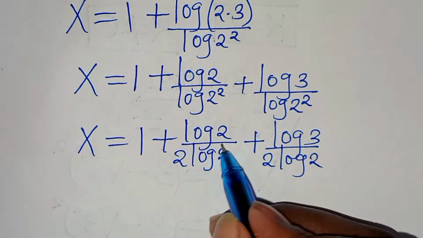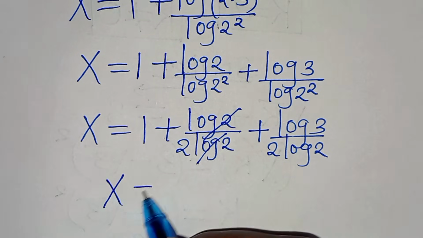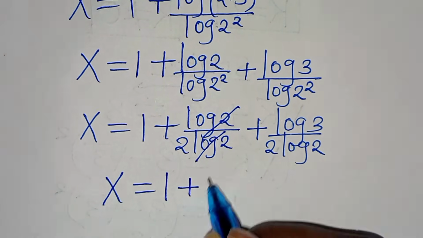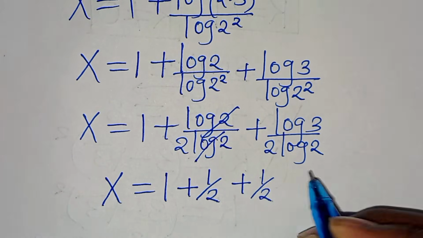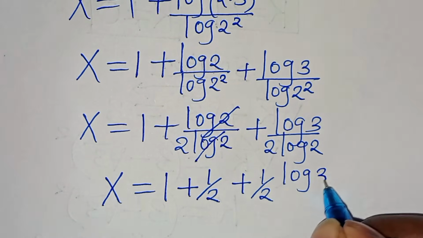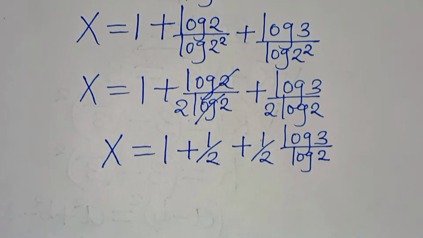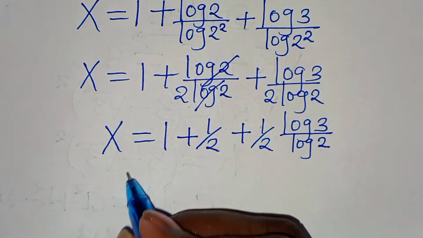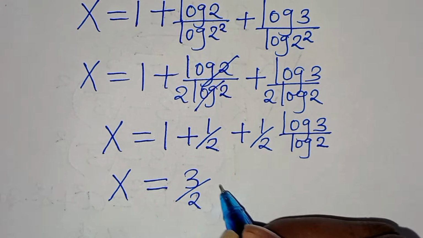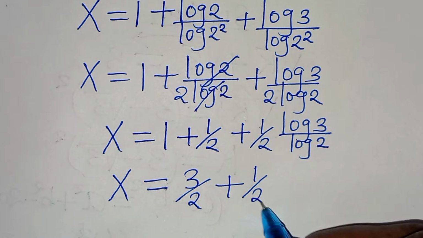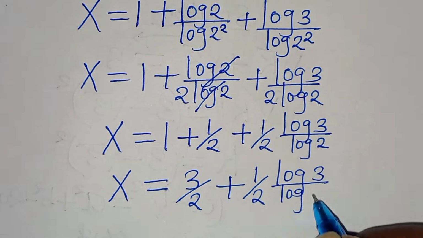So let's simplify log 2 and log 2 here, so that now we have x is equal to 1 plus a half, then plus a half log 3 divided by log 2. So 1 plus a half is the same thing as 3 over 2, then plus a half log 3 divided by log 2.